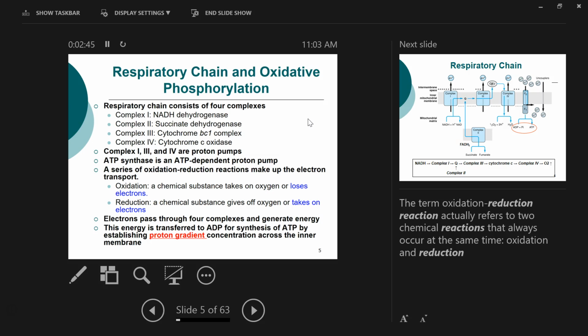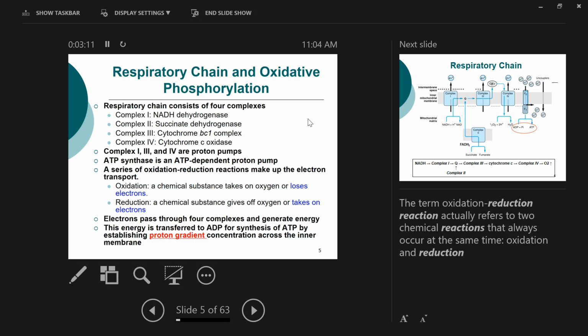So the electron transport chain basically is a complex. It consists of the 4 enzymatic complexes: Complex 1, 2, 3, and 4. Each complex actually has multiple enzymes.